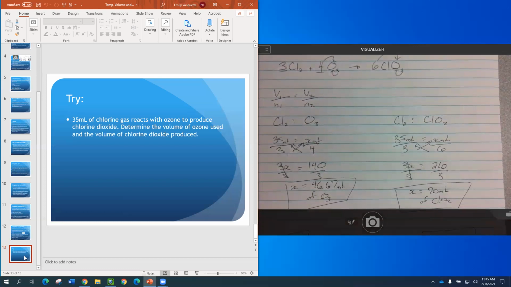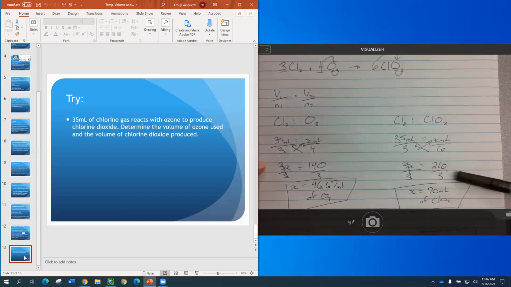Make sure when you're doing this that you are carefully labeling what you found the volume of, so don't just circle your number. Make sure you're also telling me what molecule it was. If you don't, you won't get full marks for this. Okay, that's it. Again, you can do it either this way or the way that I went through the previous question, whichever one makes more sense to you.